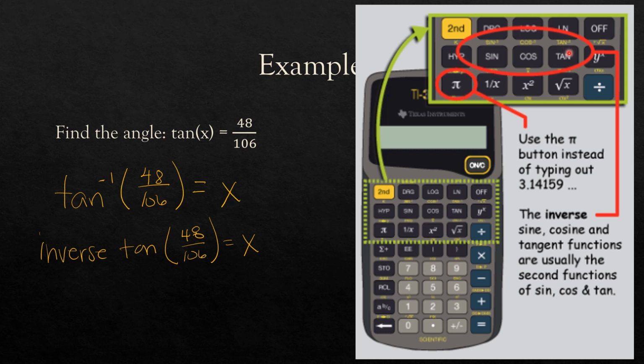It should then come up on your screen as tangent to the -1 and open parentheses, and you'll put in your 48 over 106. You should have x coming out to about 24.36 degrees. Make sure you know how to use your calculator correctly with sine, cosine, and tangent, and also inverse sine, cosine, and tangent to go in the opposite direction.